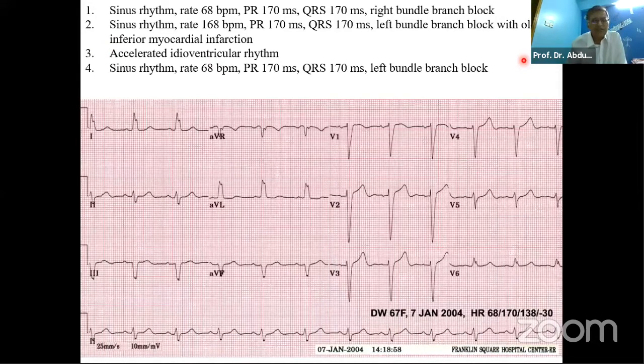But in this ECG, there is left bundle branch block, but the T is upright in all the lateral leads. That suggests an ischemic origin. This is a 67-year-old female, so we should take that into consideration. If somebody says there is old inferior myocardial infarction, I may accept that, but my answer would be 4.